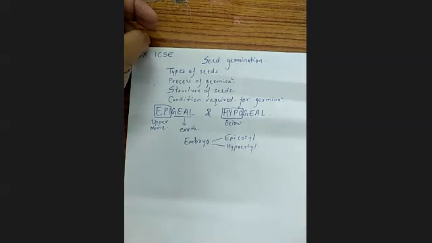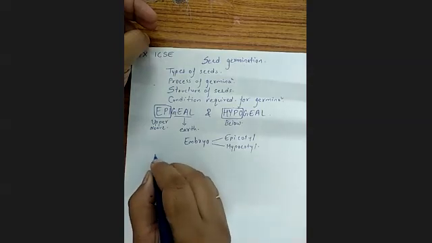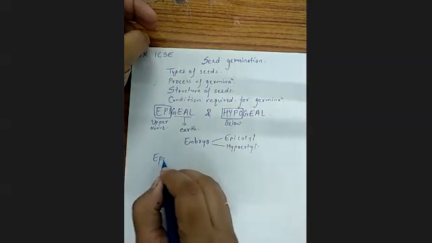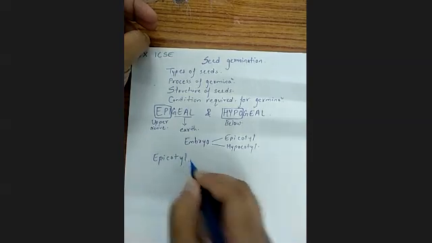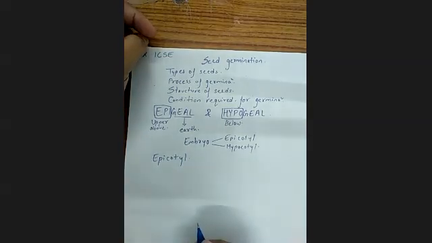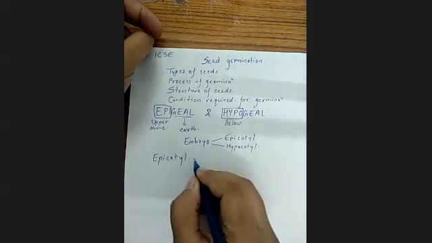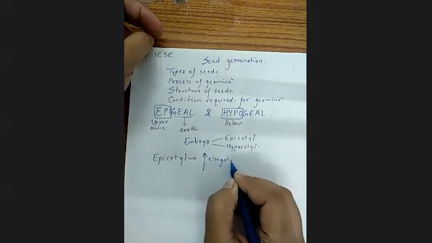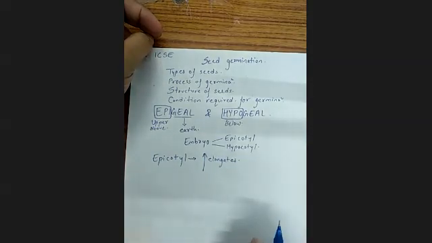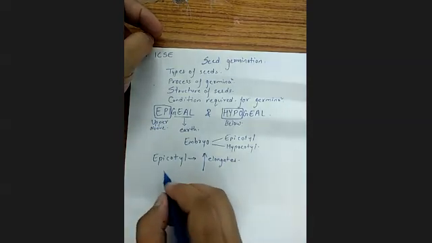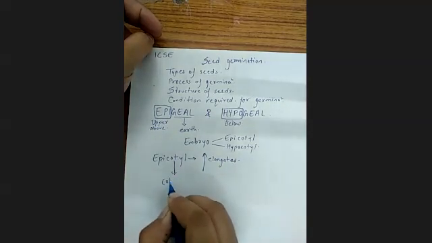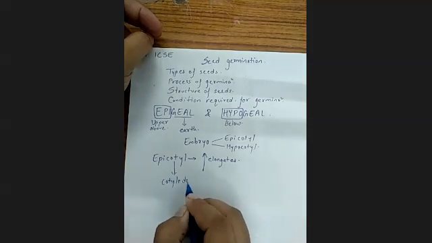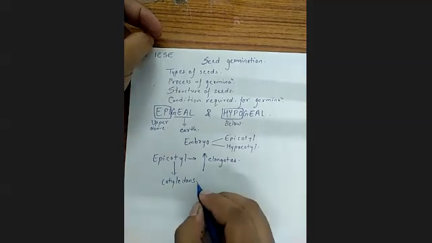So the basic difference is this: suppose the epicotyl is elongating, then what happens to the cotyledons is that they remain underground.